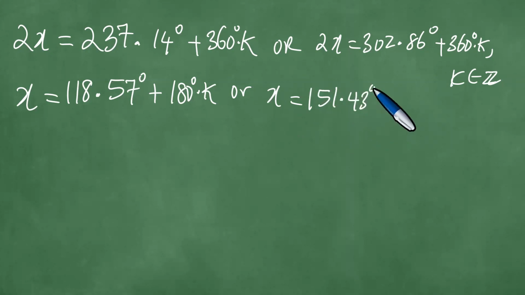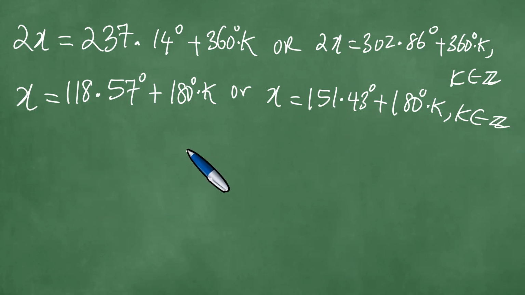And 302.86 divided by 2 is 151.43 degrees plus 360 divided by 2, which is 180 by k, where k is in Z. Okay, so these are the answers.